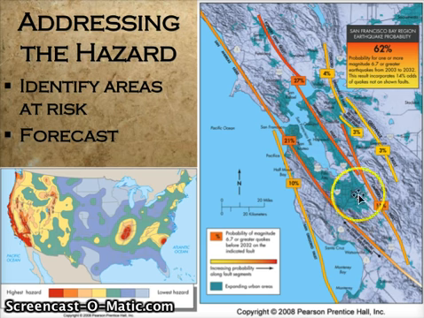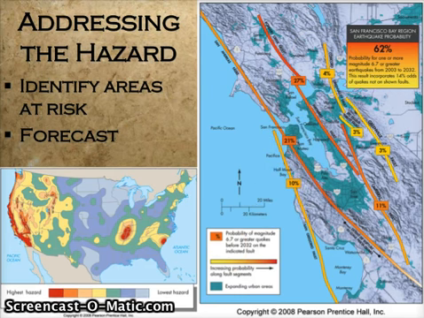You can see this is a map for the San Francisco Bay Area. They have an overall forecast of a 62% chance of an earthquake, and they've broken that down for different sections of different faults.